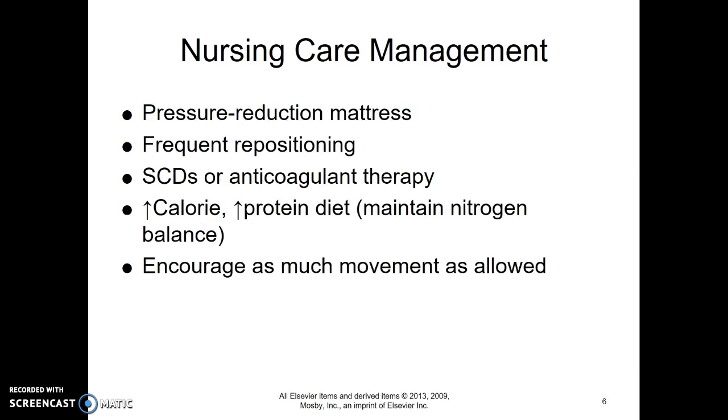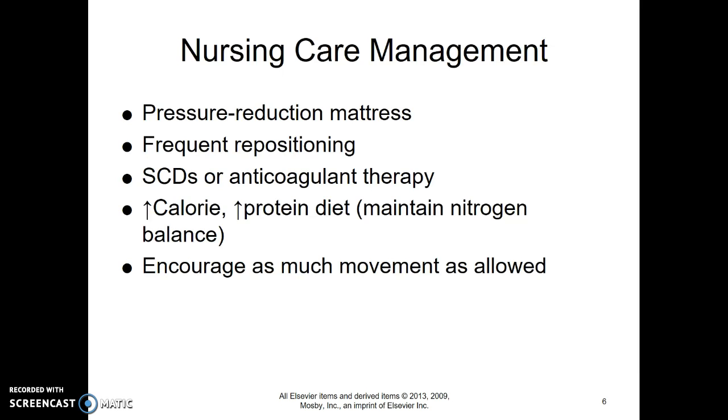So nursing care of a child who's immobile. Well, pressure reduction, special mattresses or the gel pads if they're in a wheelchair, those sorts of things. Frequent repositioning, right? At least every 2 hours. SCDs to prevent deep vein thrombosis, improve venous return, prevent the edema by increasing the return of the lymphatic system, and or anticoagulant therapy like Lovenox shots.